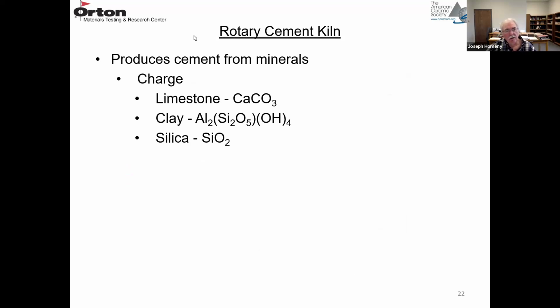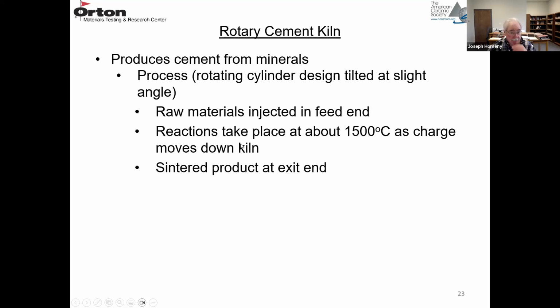So I thought I'd mention rotary cement kilns and lime kilns because they produce minerals, and the cement kiln obviously produces Portland cement. The charge is pretty simple: limestone, the calcium carbonate; the clay, the aluminosilicate that's hydrated; and silica. So this cement kiln is a large, long cylinder.